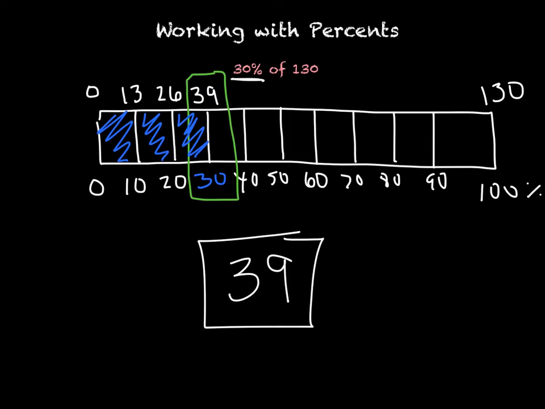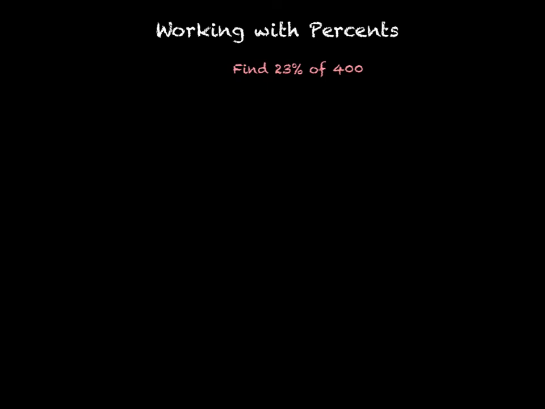Let me give you one more strategy. So this one says find 23% of 400. Another way that some people like to do percents is to turn your percent into a decimal or a fraction and multiply.